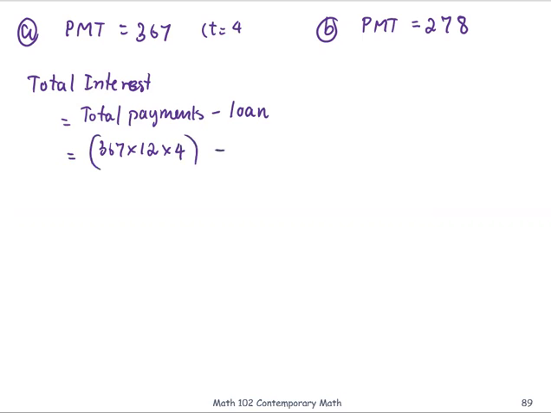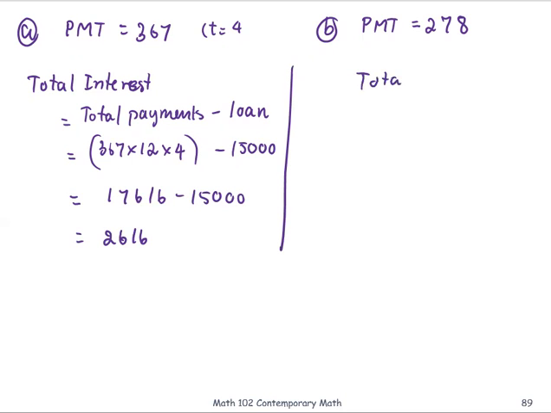And then subtract the amount of the loan, which is $15,000. 367 times 12 times 4. That is 17,616 subtracted by 15,000. And then the total interest that you have to pay from choosing option A, the installment loan A, is 2,616.